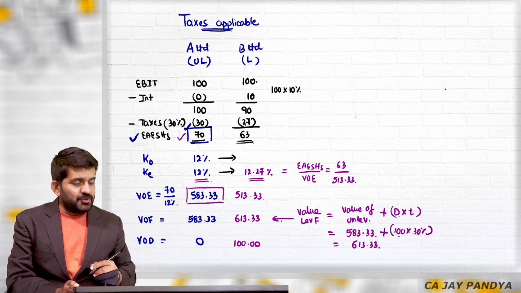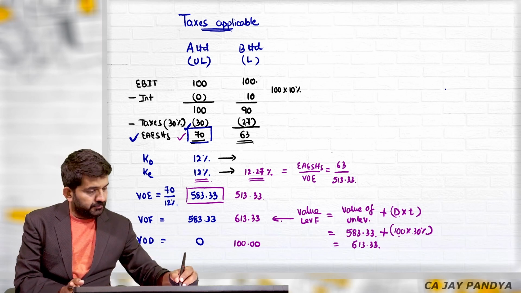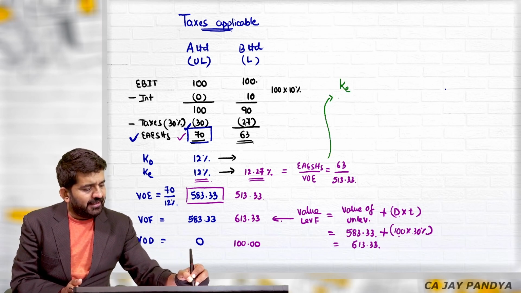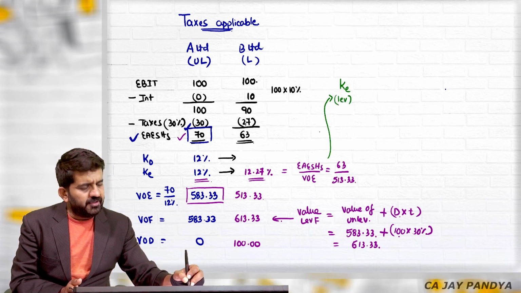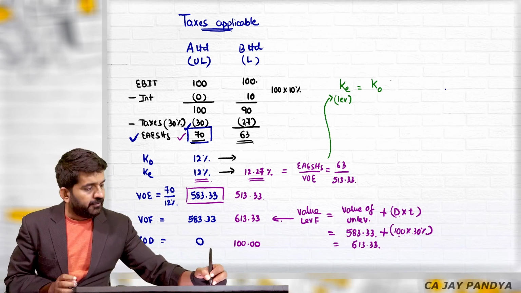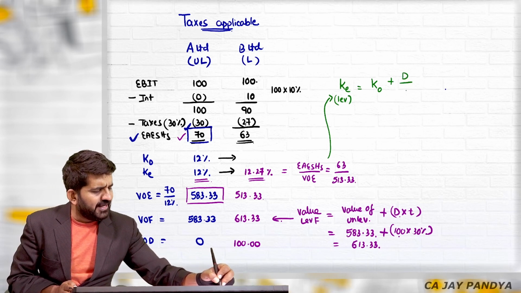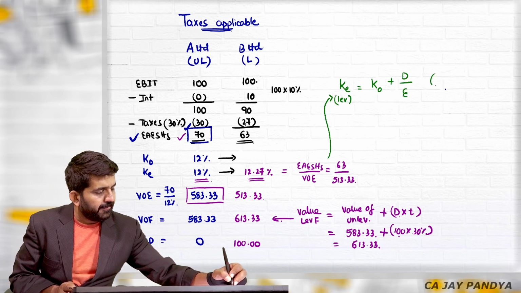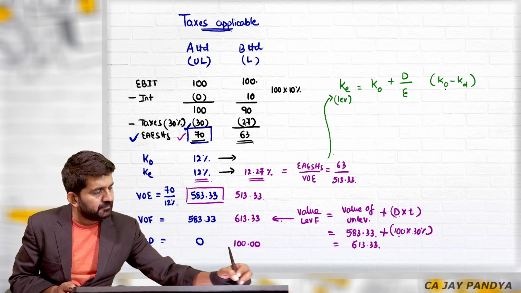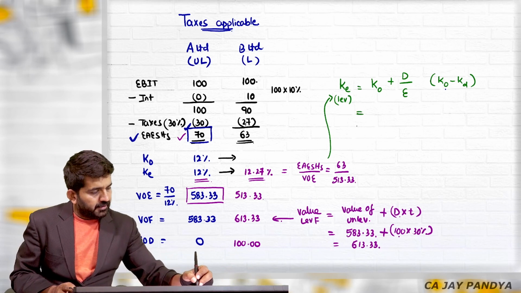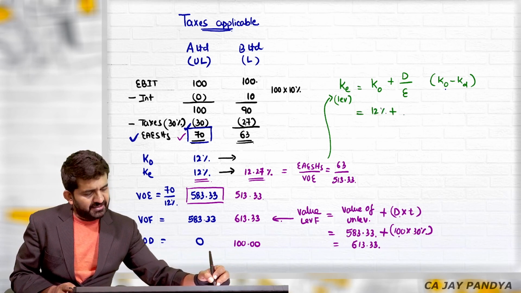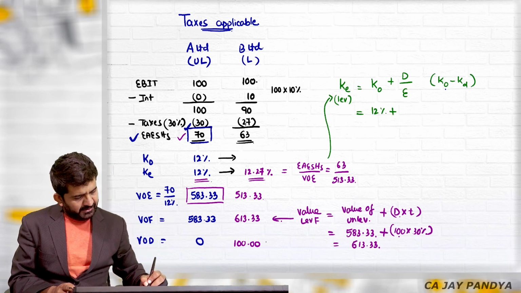Okay, then let us use that alternate formula also, where KE of a levered firm is equal to KO of unlevered firm plus debt upon equity multiplied by KO minus KD. KO of unlevered firm is 12% plus debt upon equity. What is debt? 100.